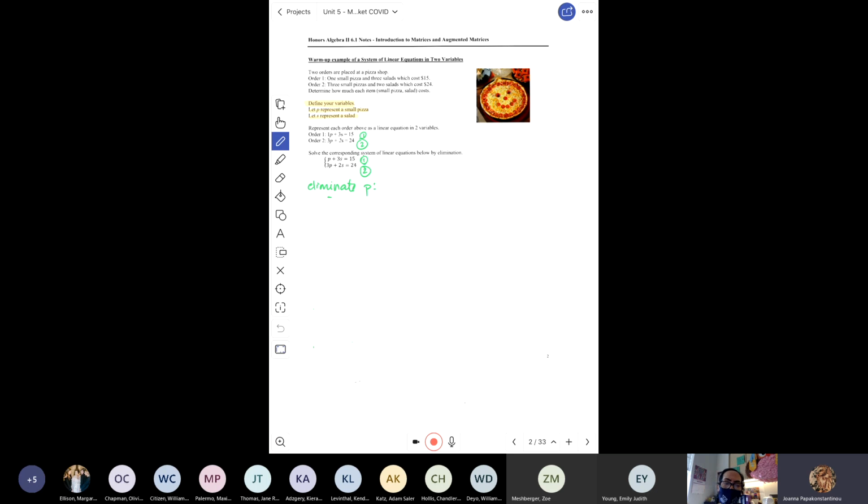If I'm going to eliminate P, what might you do to one or more of the equations to be able to solve this system, eliminate the P? What would you do? In the first equation. Yes, I'm multiplying everything in the first equation by 3. So I'm going to rewrite my system. My new first equation is going to be 3P plus 9S equals 45.